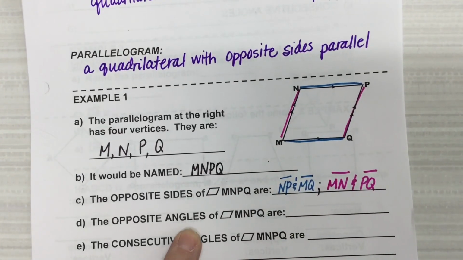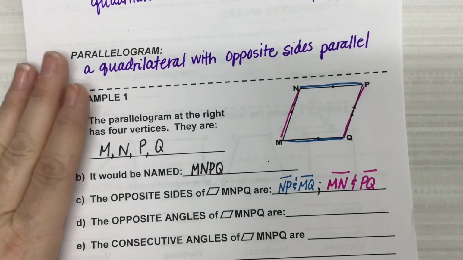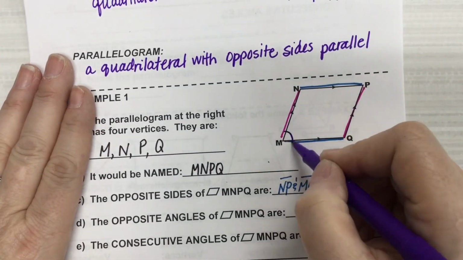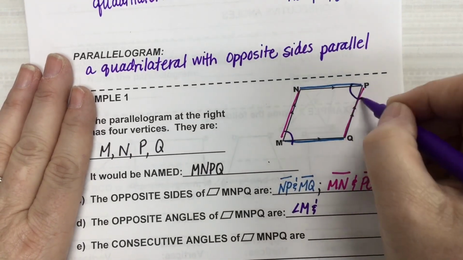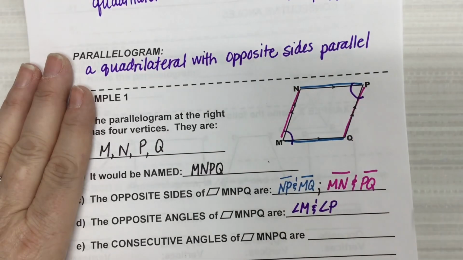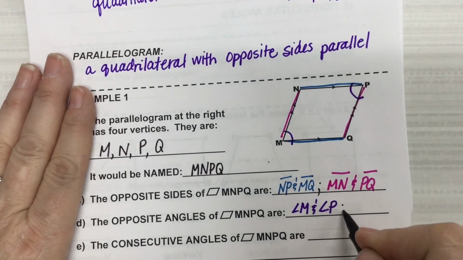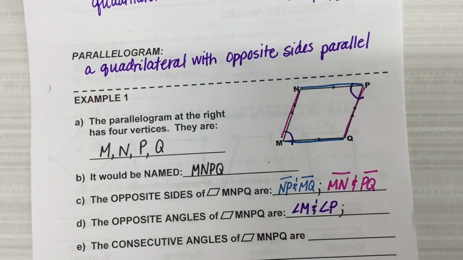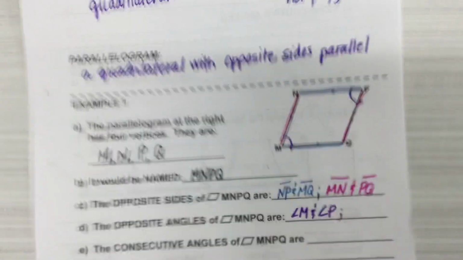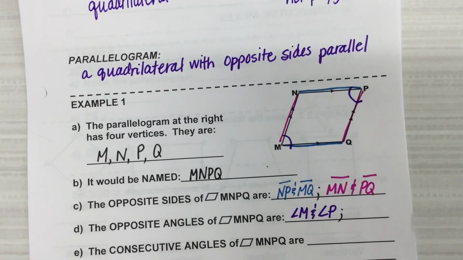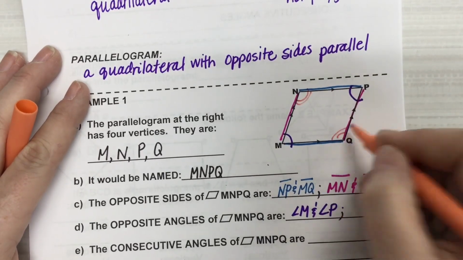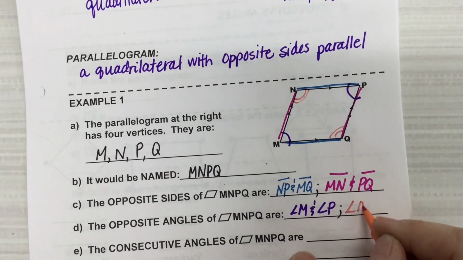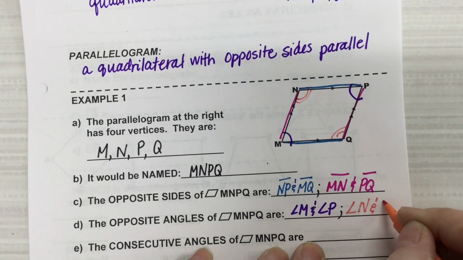The opposite angles are angles that are across from each other. So here's angle M, and what's opposite of angle M? Angle P. And it also asks for both sets of opposite angles. The other angles that are opposite one another are angle N and angle Q.